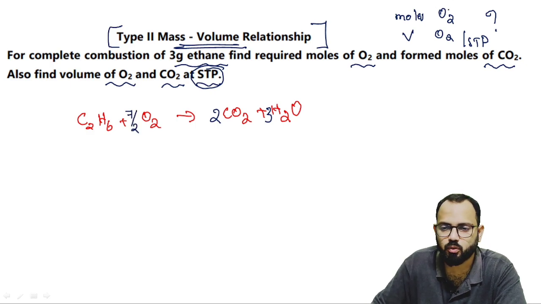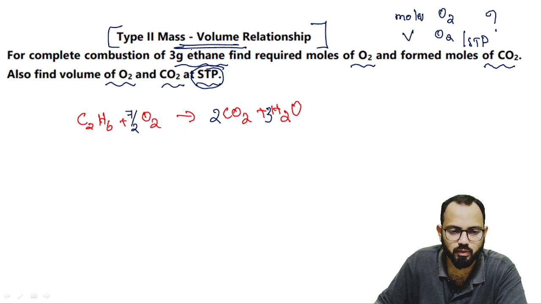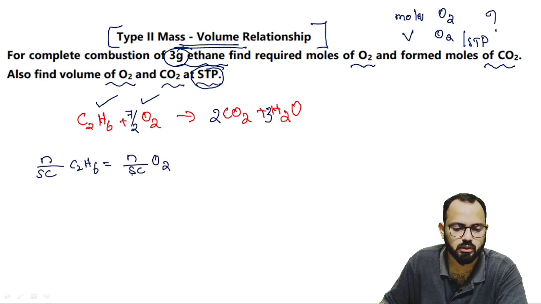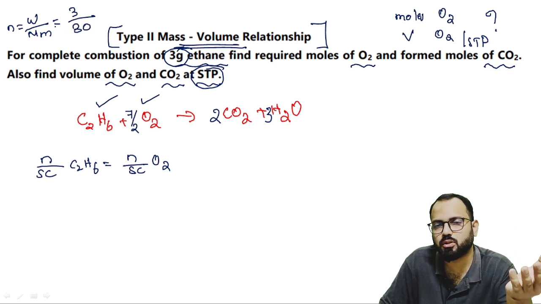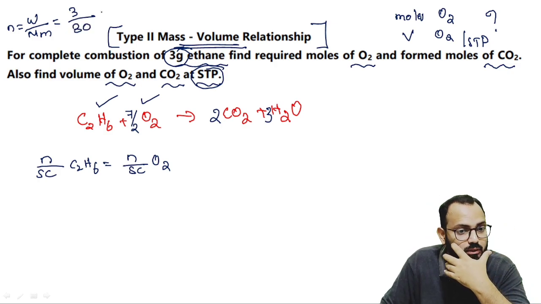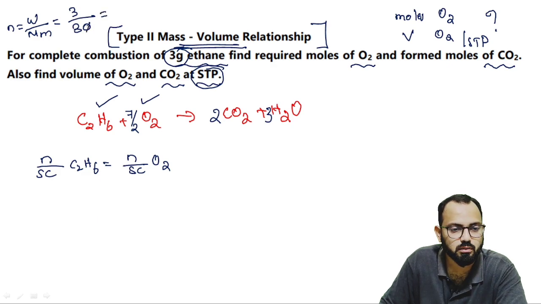So now the moles of O2 I have to find out. They have given 3 gram of ethane. So n by stoichiometric coefficient of ethane is equal to n by stoichiometric coefficient of oxygen. For ethane, 3 gram, n is equal to given mass by molecular mass. Given mass is 3, molecular mass of ethane: C2 is 24 and hydrogen is 6, so it's going to be 1 by 10.